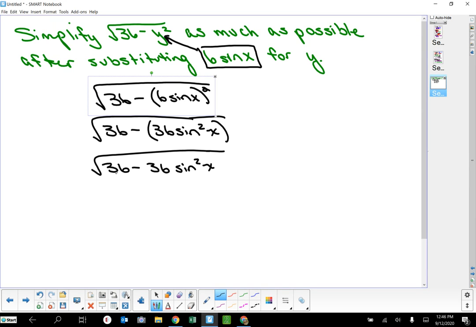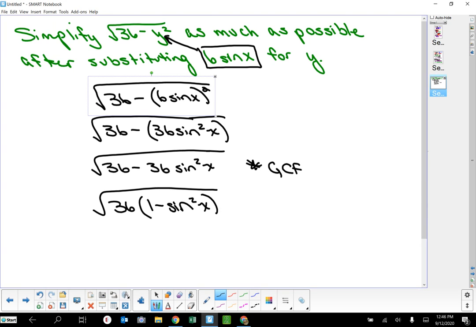All right, well now if you see a common factor like that, you should always think GCF. Okay, so now I'm going to factor the GCF out. So 36 times, this becomes a 1, minus sine squared x. And anytime you see a squared on a trig function, you should be thinking Pythagorean identity.